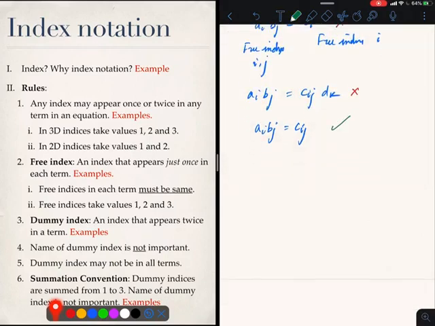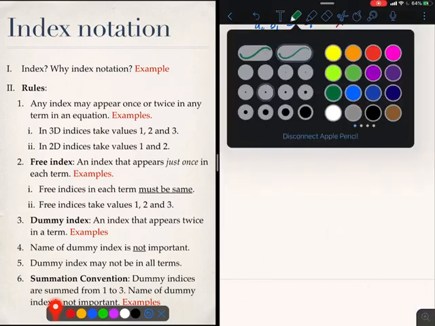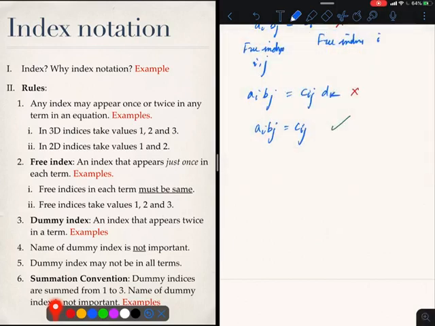So here are some examples. Let me give you some more. Suppose I was to write an equation like this: A_i C_ij B_k equals D_j E_k. Is this a correct or an incorrect equation?